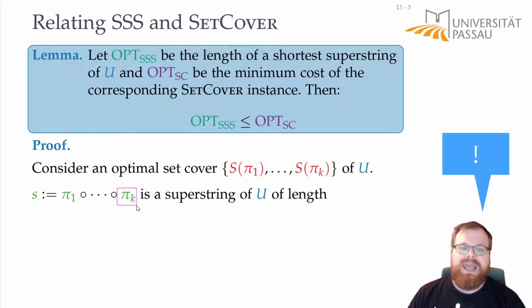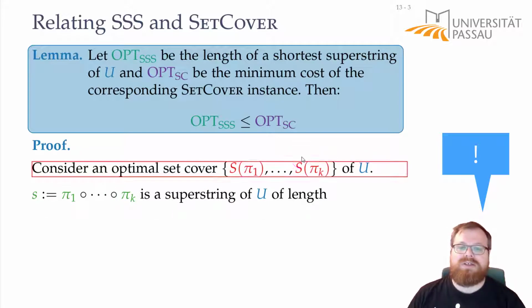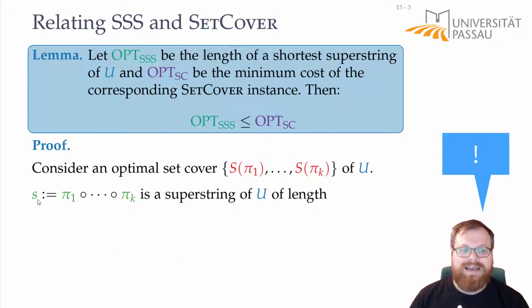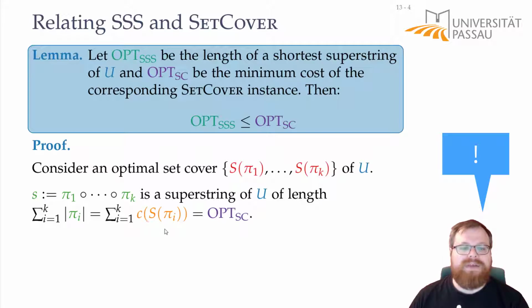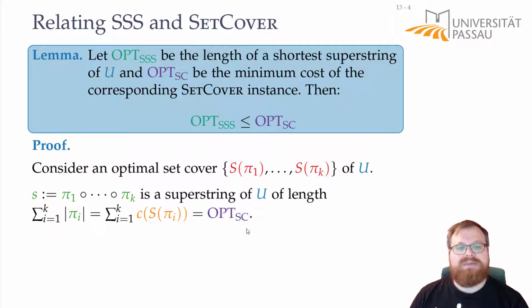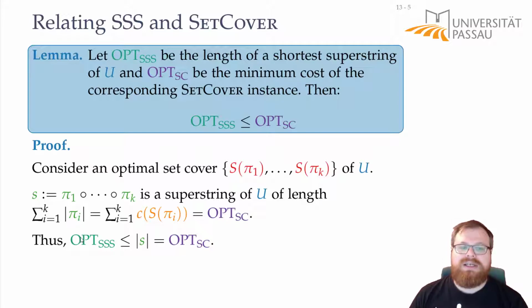And the length of pi_k is the cost of the set that corresponds to pi_k. So the total length of the string is just the sum of the costs of all these sets that are in our optimal set cover. This is also the cost of the optimal solution of the set cover problem. So this is a valid solution for our problem. The length of the solution is at most the size of the optimal set cover. And the optimal solution for our problem can have at most the length of S. So the optimum for shortest superstring is at most the minimum cost of the set cover instance. This is the first direction that we need.